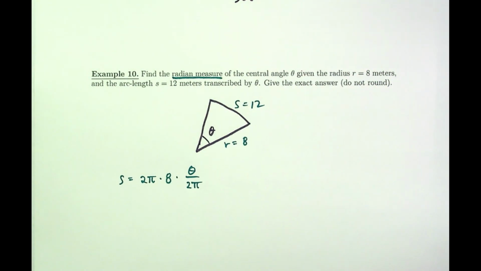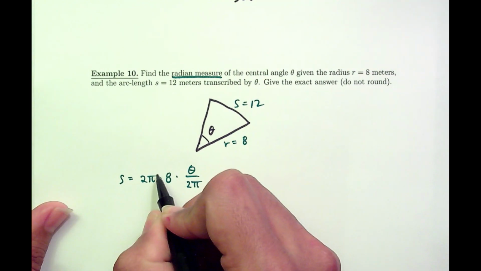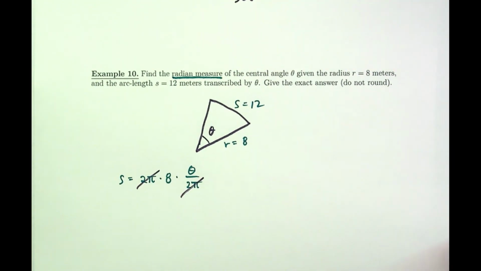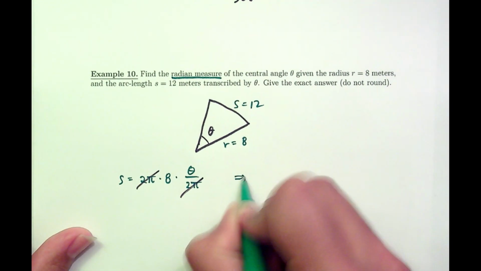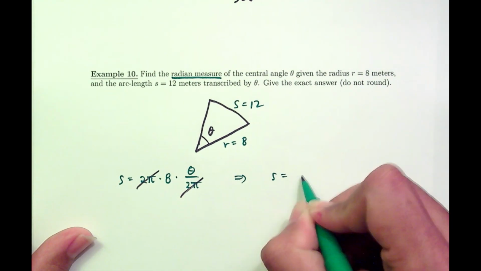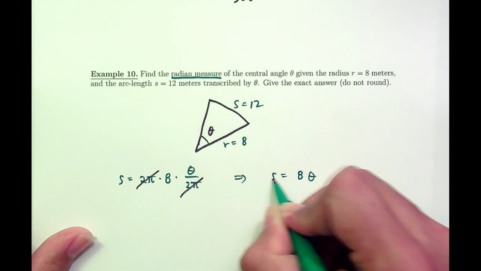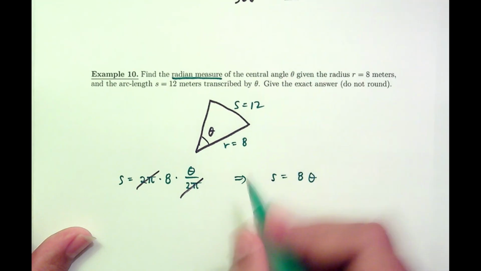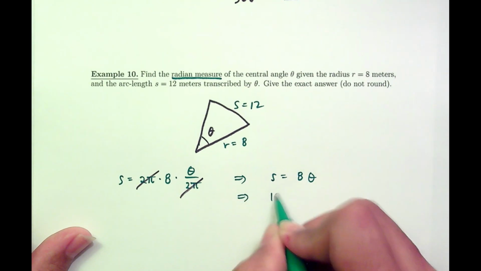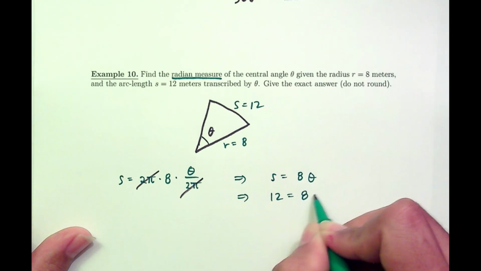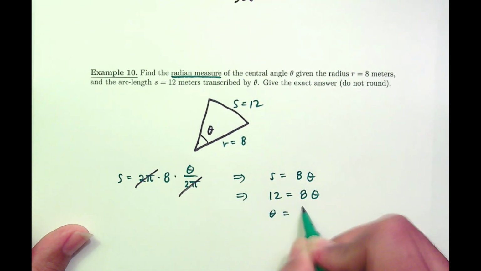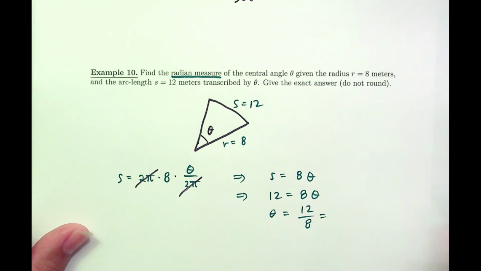All right, and then we simplify and we're done. I mean, we have to solve for theta, but it will be done really quickly after this. So we get S equals 8 theta. Now I know what S is, so I'm going to put it in there. S is 12, so this is going to be 12 equals 8 theta. Now divide by 8, you get that theta equals 12 divided by 8, which is what?